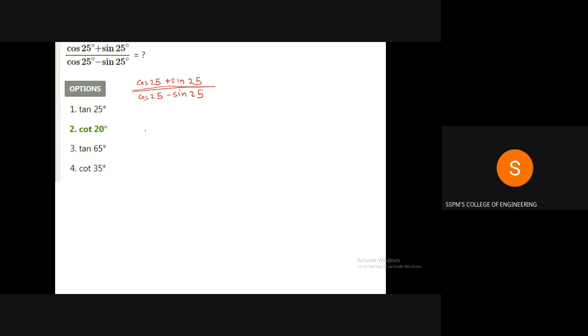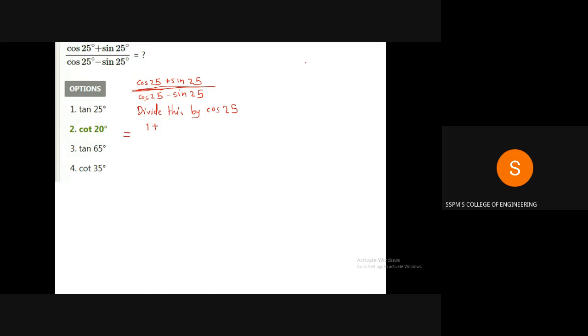So we will divide them by cos theta. If we divide the whole expression by cos of 25, what do we get? This cos 25 divided by cos 25 is 1, plus sin 25 divided by cos 25.